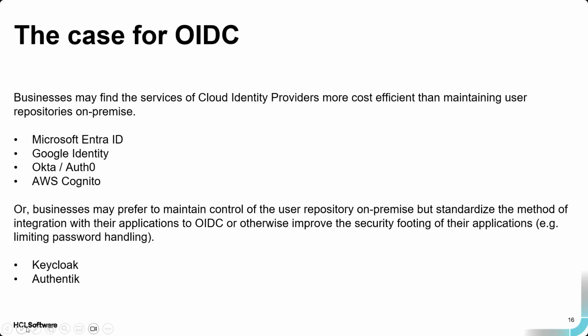Microsoft Entra ID is the current name of Microsoft's offering. It used to be called Azure. I think it had a name associated with Active Directory at one point. But also there's the Google identity, Okta, you may be familiar with.